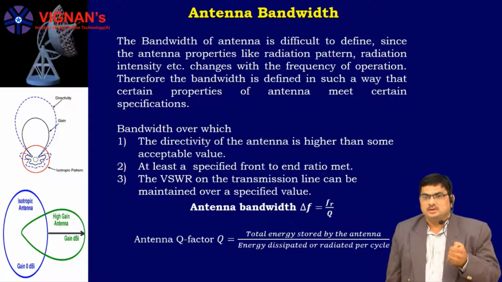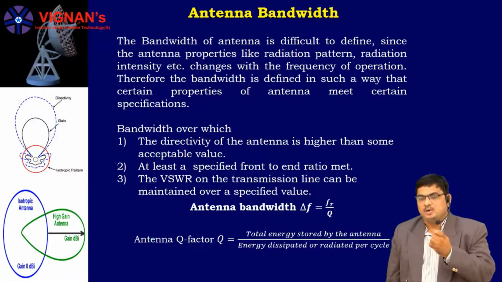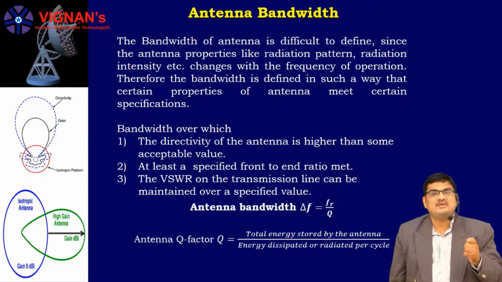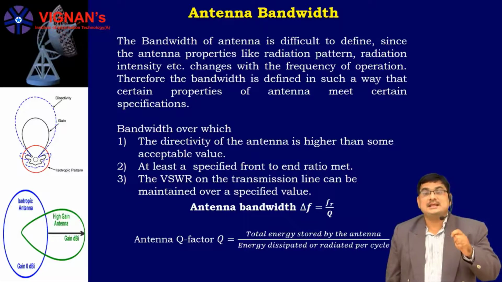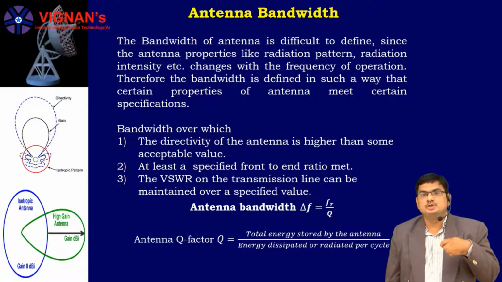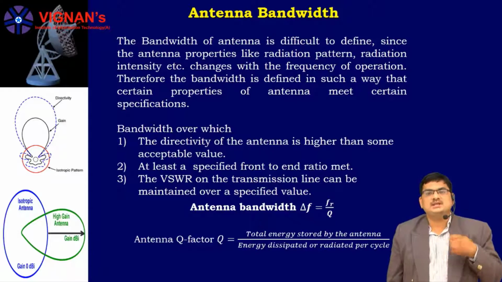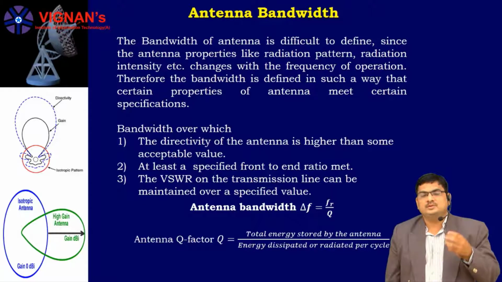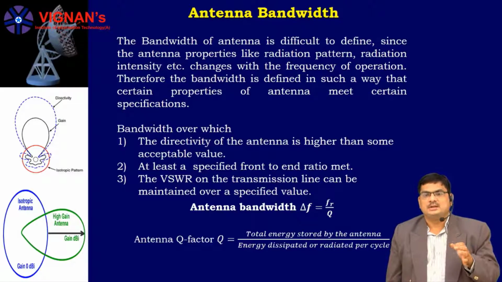Bandwidth is the range over which the gain of your antenna is greater than the specified value, or the range over which your voltage standing wave ratio is very low, at an acceptable ratio. That means your reflection coefficient must be low.